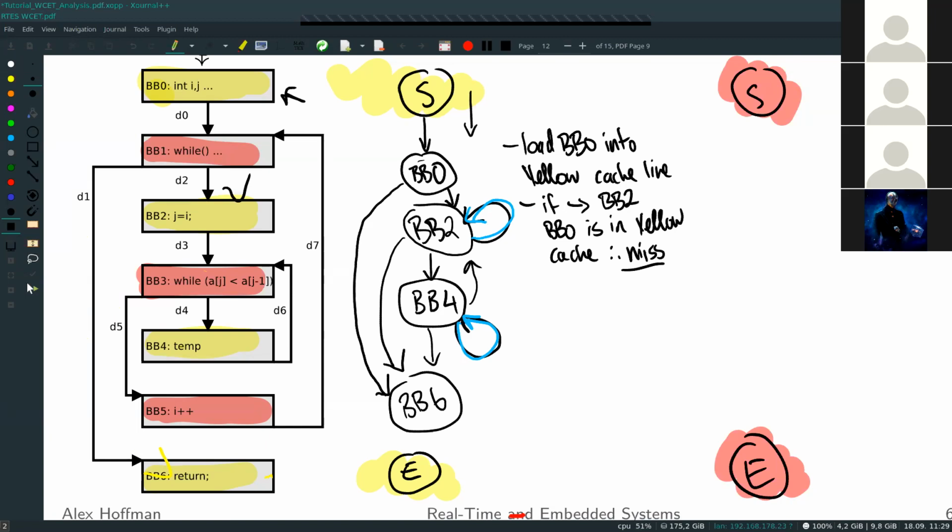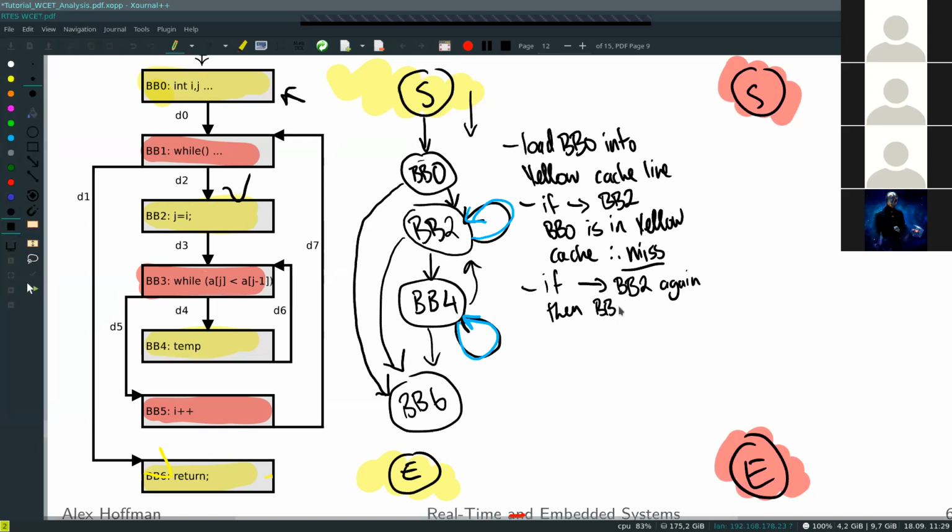Because the wrong data is in our cache line. We have BB0 in the cache line, but we want BB2. But there's no way that we would have BB2 in the cache line if we've come from BB0. Right? But then let's say we go to BB2 again, then BB2 is still in the yellow cache line, therefore a hit.